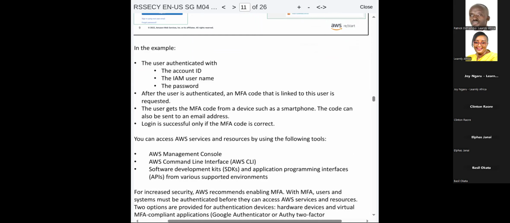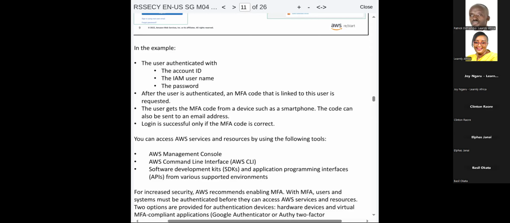Now, once you've been authenticated, then you can log in successfully. Your access is granted. You can access AWS resources by using the following.